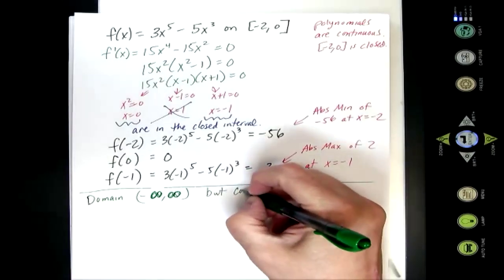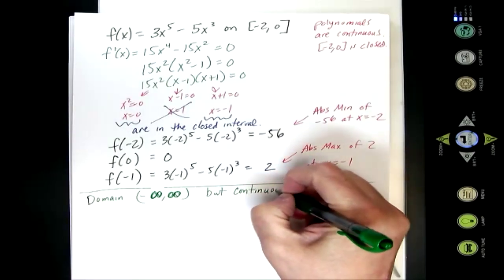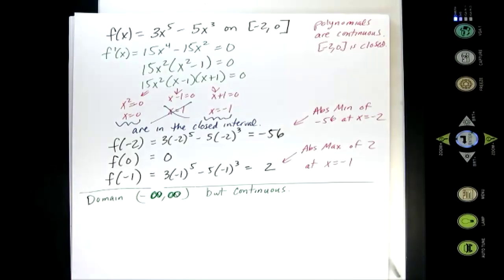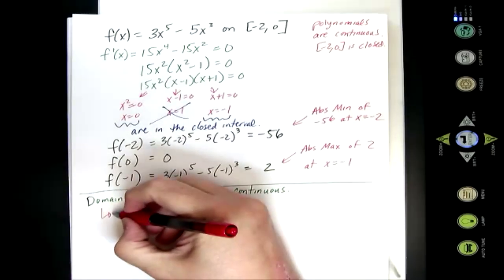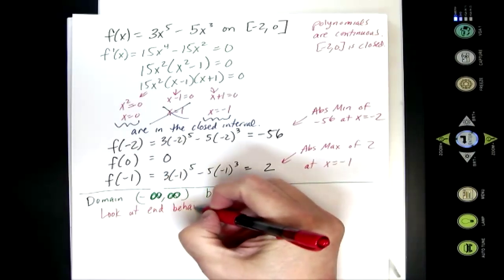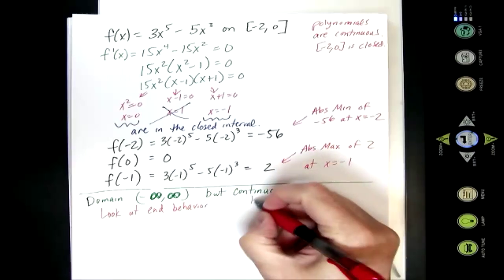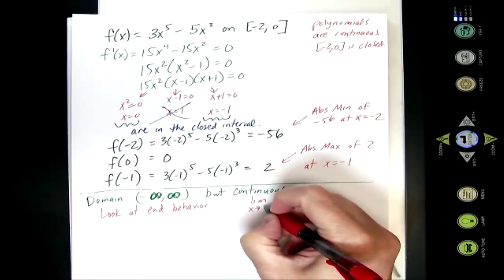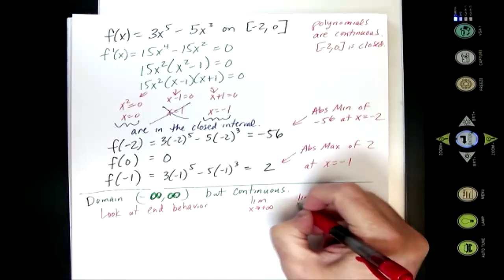We don't want any asymptotes in the middle here, because asymptotes will change the argument I'm about to make. So when this happens, look at end behavior: limit as x goes to positive infinity, limit as x goes to negative infinity.